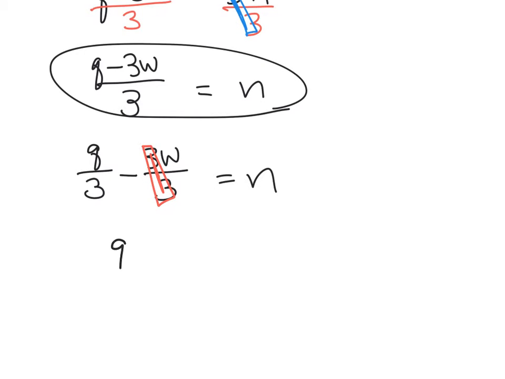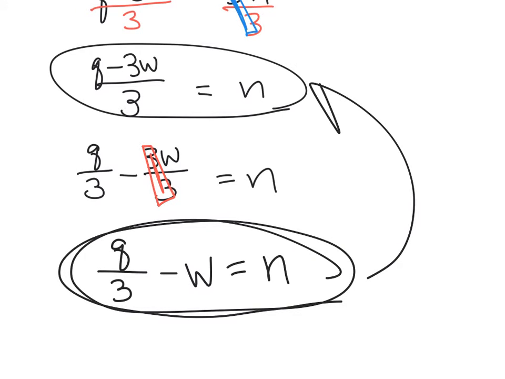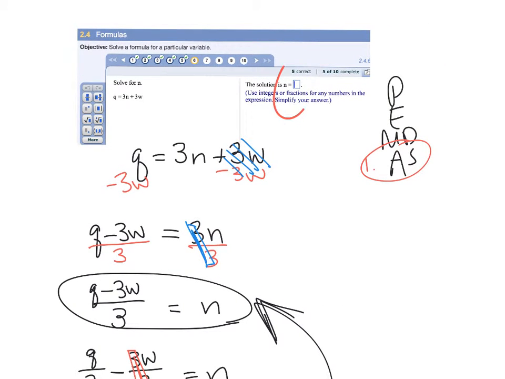So you could have Q divided by 3 minus W equals N. So this answer and this answer are the same answer even though they look different. I just simplified this one a little bit differently. I believe MyMathLab will allow you to type either of those answers into the box up here.